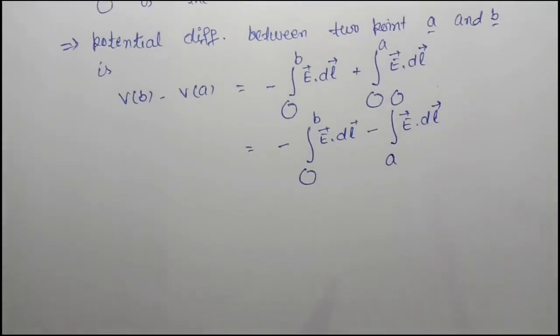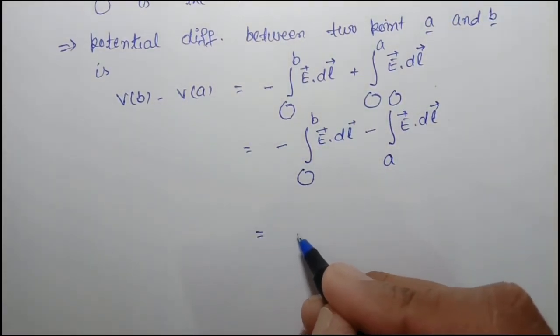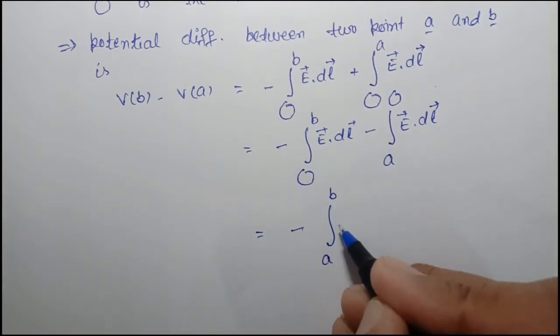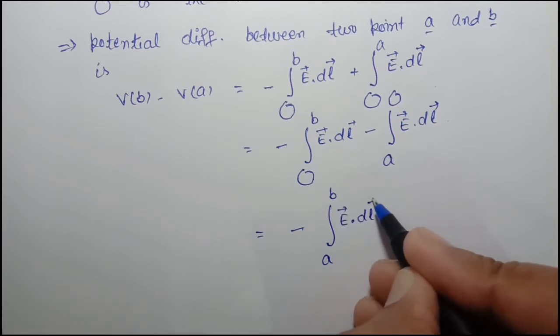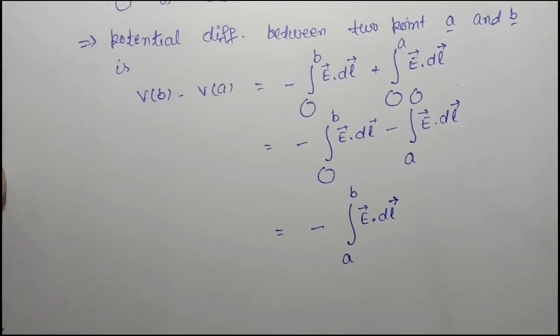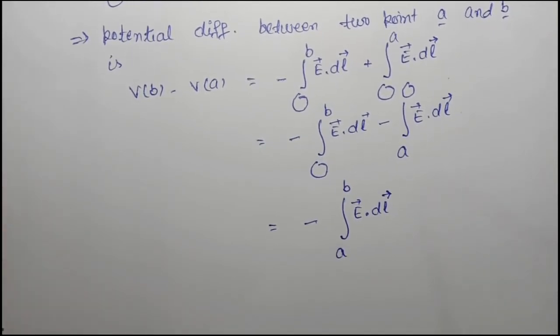So if we combine these two, then we can write minus the integral from A to B of E dot dl. So the contribution due to the arbitrary reference point is nullified when we take the potential difference between the 2 points.